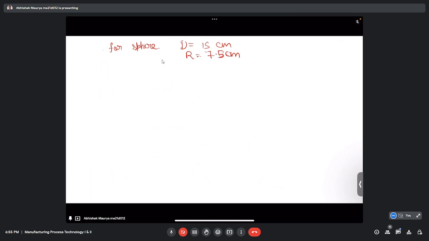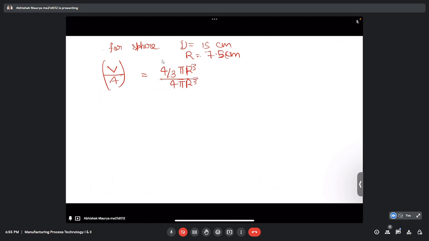The ratio of volume and area will be 4 by 3 pi r cube divided by 4 pi r square.